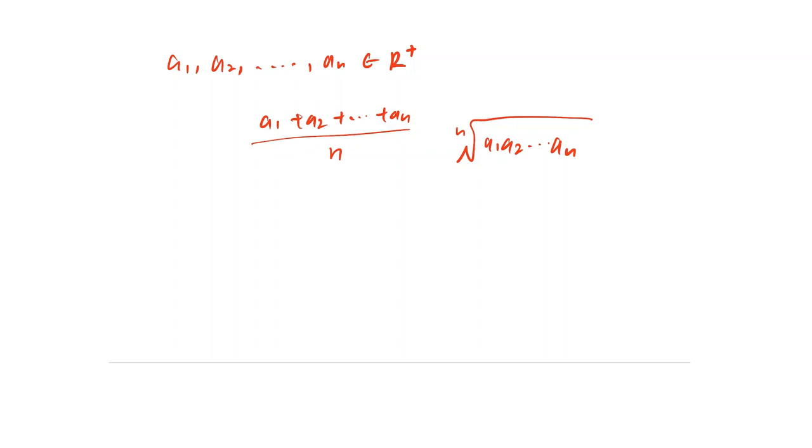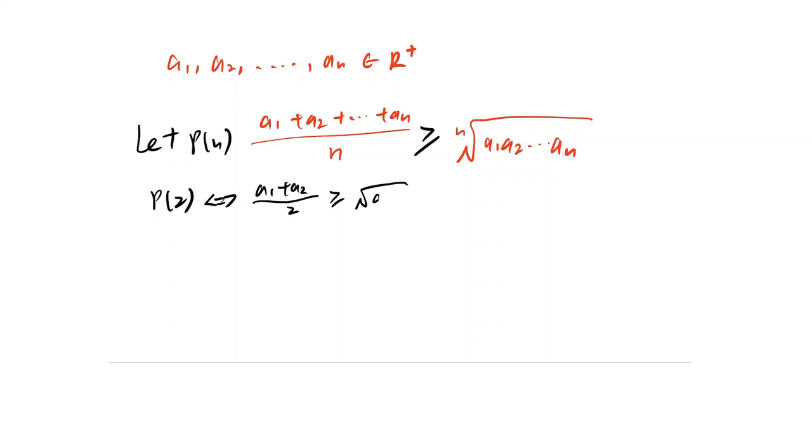But why? Here we can use a simple tool called mathematical induction. Let Pn be our inequality. First of all, P2, the base case, is simply (a1 plus a2) over 2 being larger than or equal to the square root of a1 a2, which we've proved above.